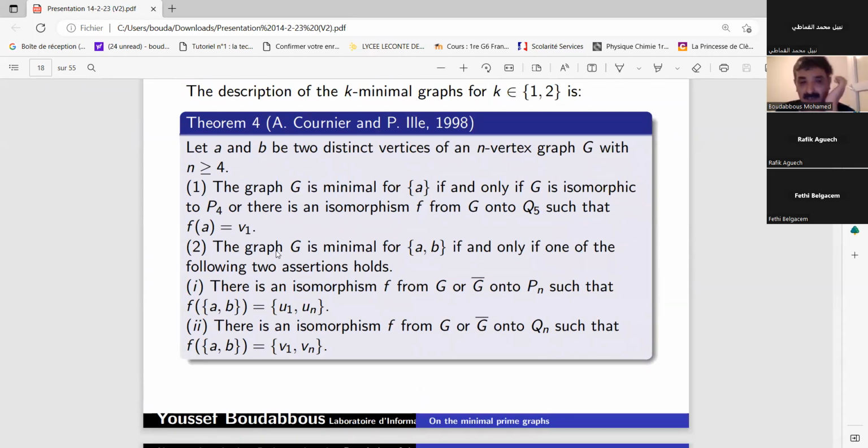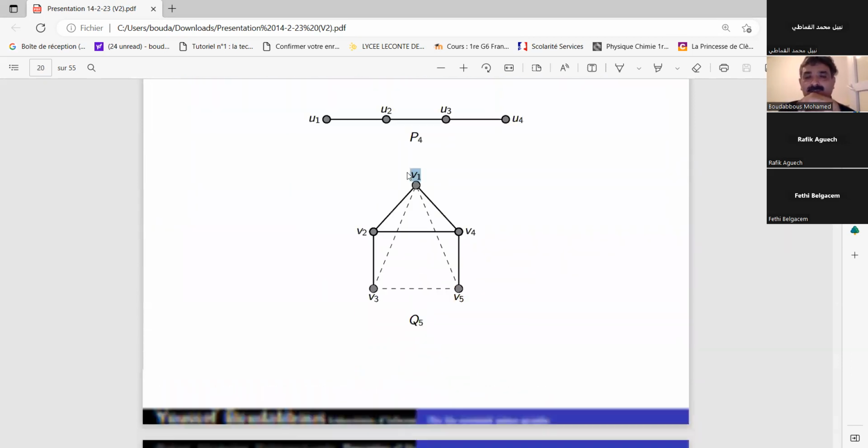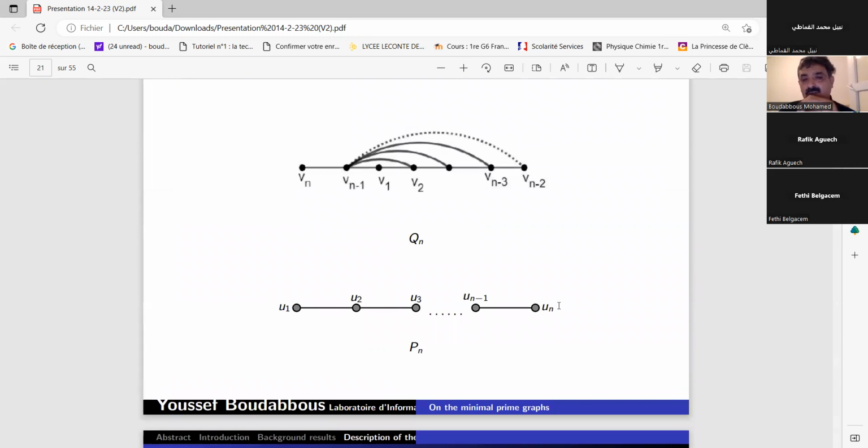For the 2-minimal, it is the second assertion. The graph G is minimal for AB if and only if it satisfies one of the two assertions. Either there is an isomorphism from G or G bar onto Pn such that f(AB) equals U1 Un, thus A and B are U1 and Un.